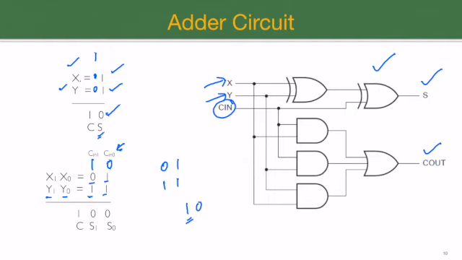Now I need to add this carry into the two bits x1 and y1, with a value of 0 and 1 respectively. They also need to add a carry from the previous bit operation. Whatever carry was produced from this operation also needs to be added into the bits. So this carry bit is for that specific purpose.